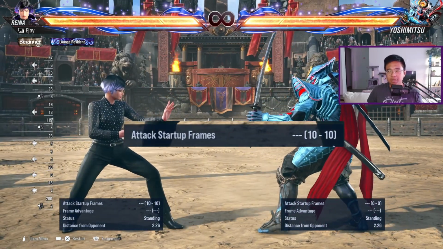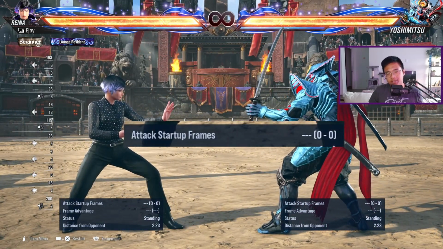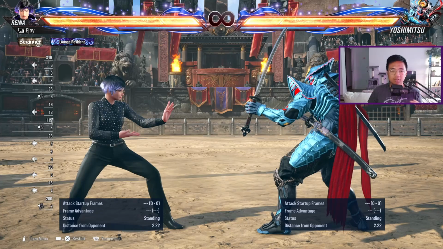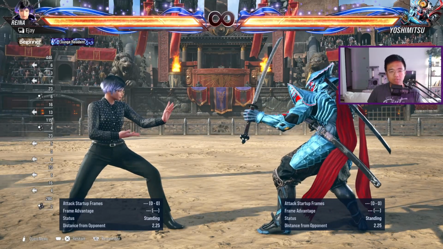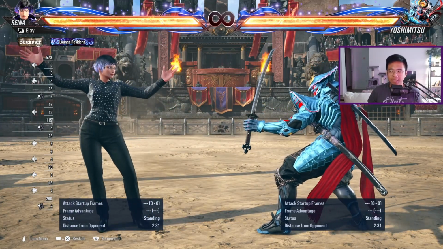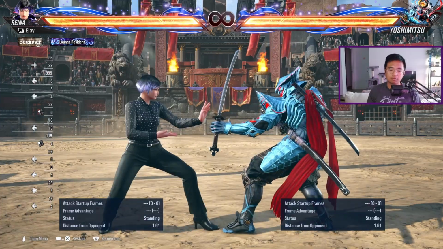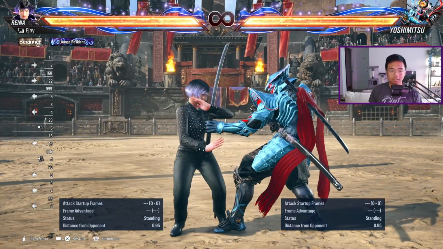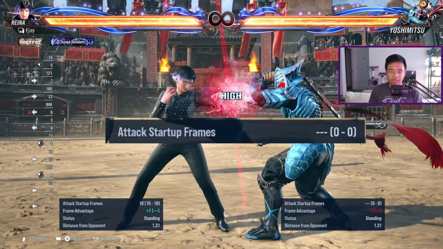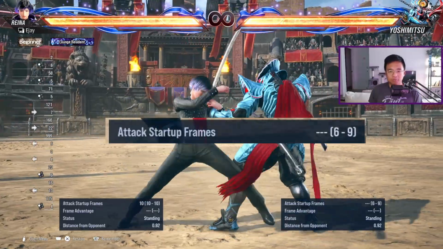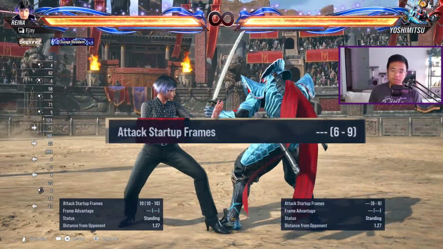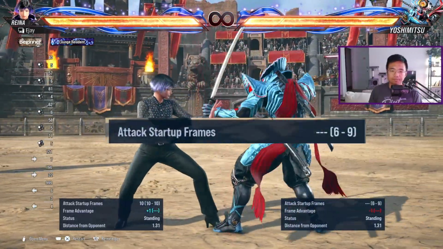In my basic punishment guides, they usually start at 10 frames because in general, everyone's fastest move is 10 frames. Of course, there are other moves that are less than 10 frames, for example Yoshimitsu's flash, 6 frames, as you can see down below.